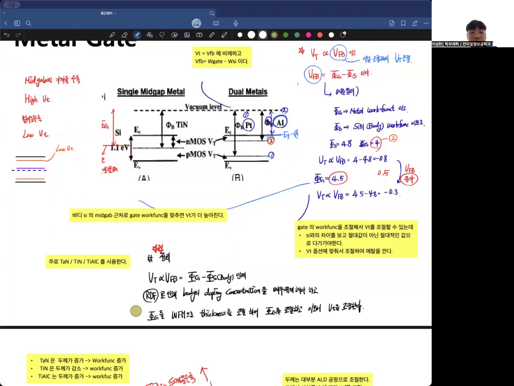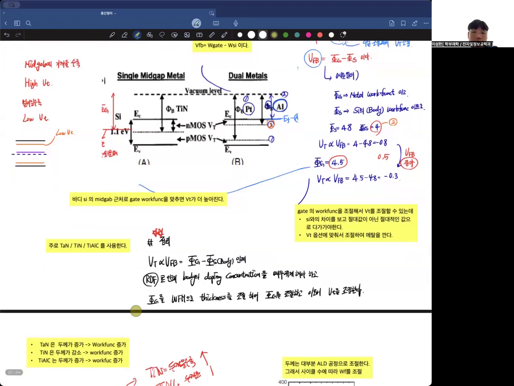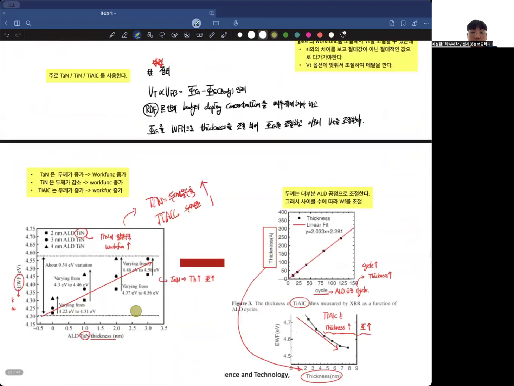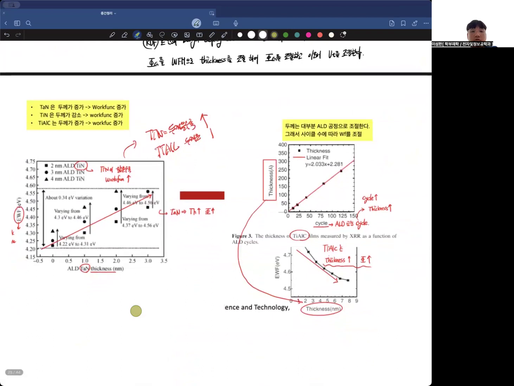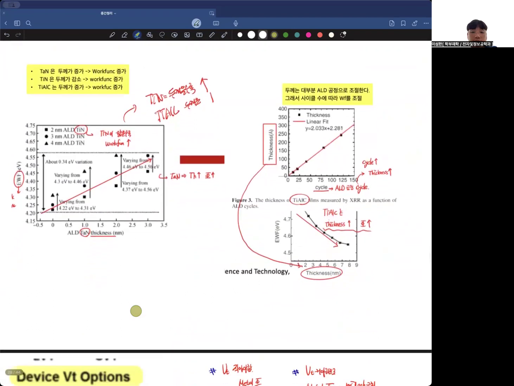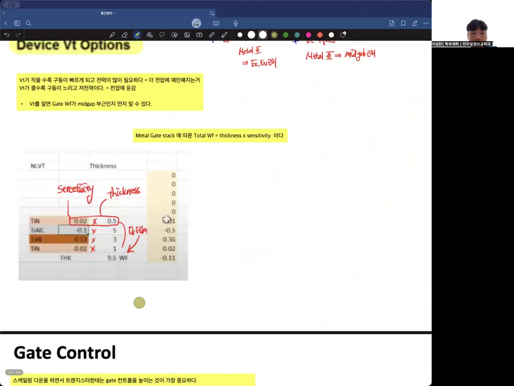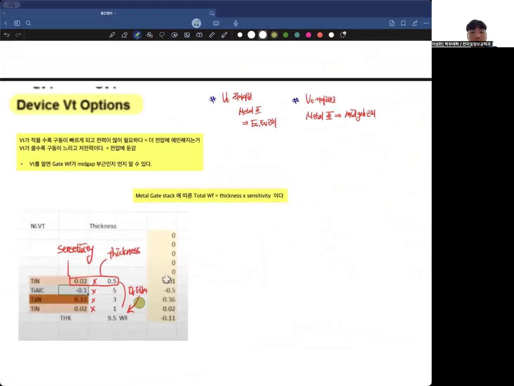We can control the metal gate work function, and then we can control the threshold voltage. We can make the device for the purpose.